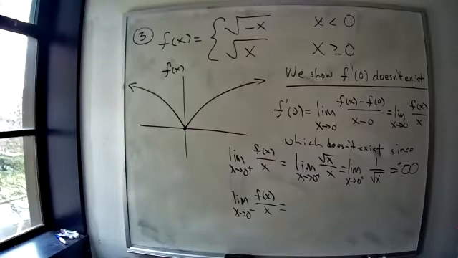And as x approaches 0 from the positive side, 1 over root x will approach infinity. It's for reasons similar to ones we covered, I believe in week 3, with 1 over x, with power rules for limits.